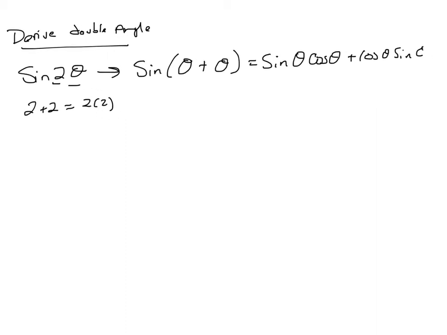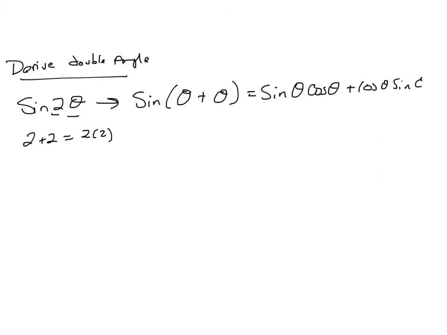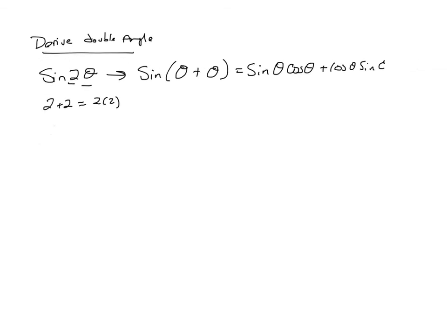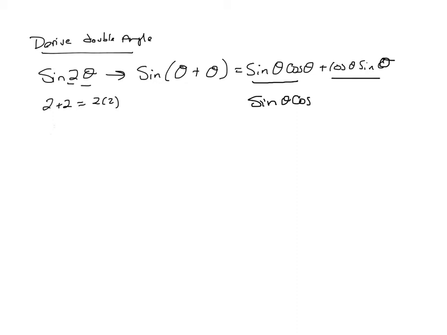Let me shrink this a little bit because I ran out of room. So that should be a theta. Okay, and we know that order doesn't matter with multiplication. The addition it does. And we should see that we have two like terms. I have sine times cosine, sine times cosine.